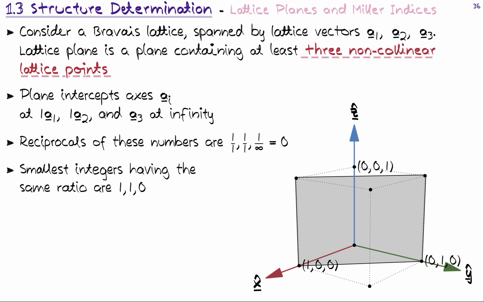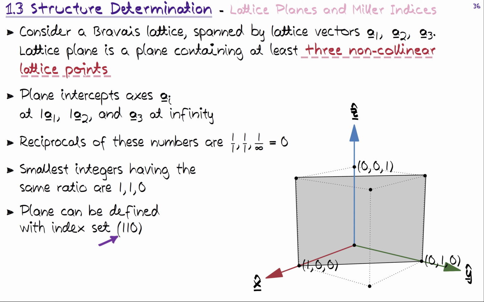The smallest integers that have the same ratio are 1, 1, and 0. So we don't need to do anything for this choice of plane. And now we can describe this plane of interest with this index set.